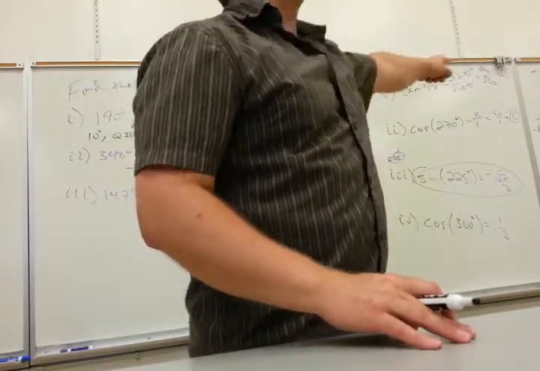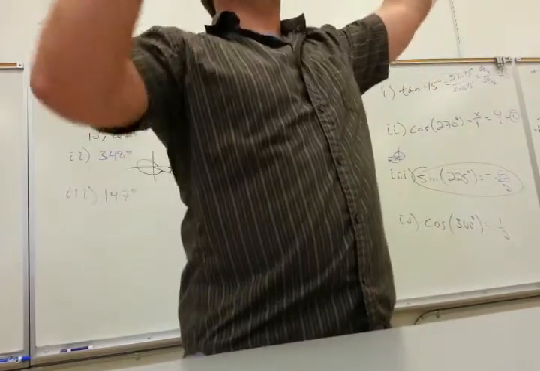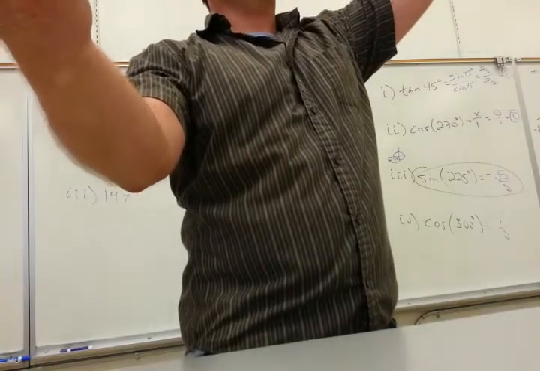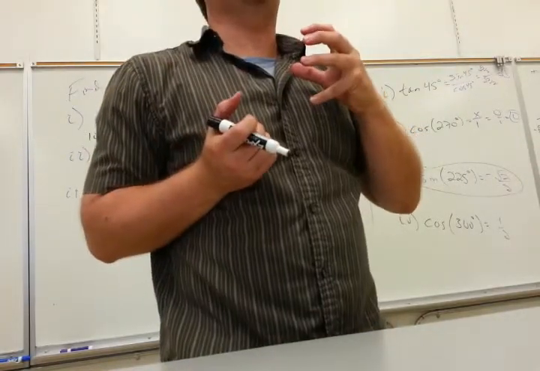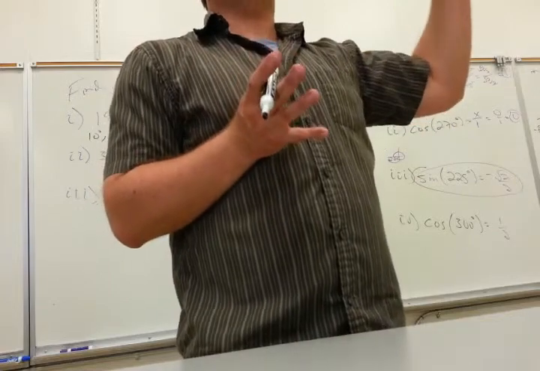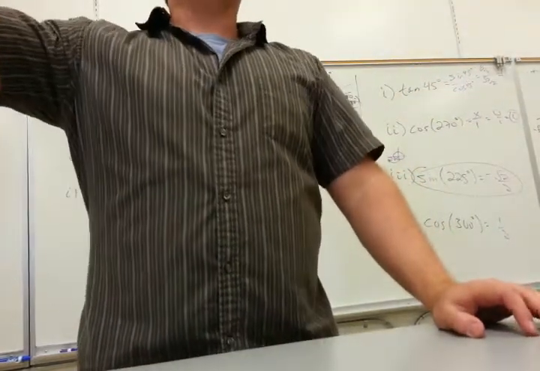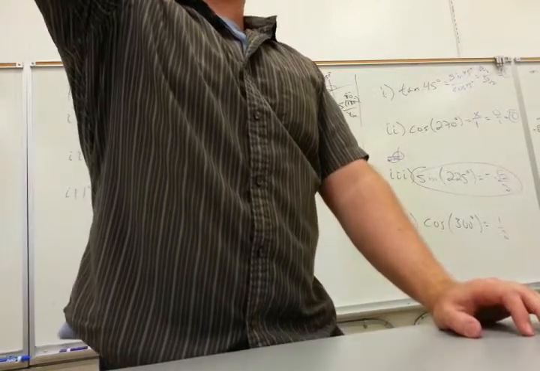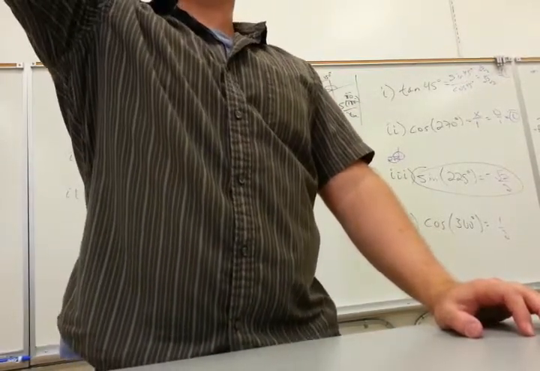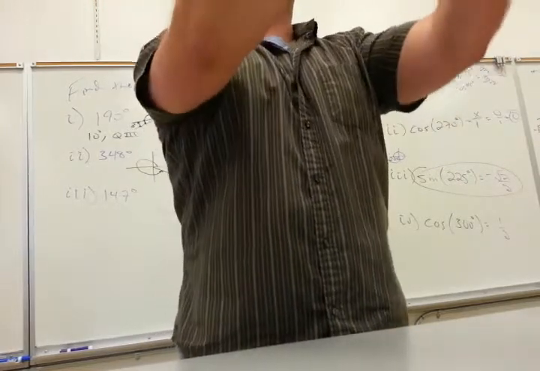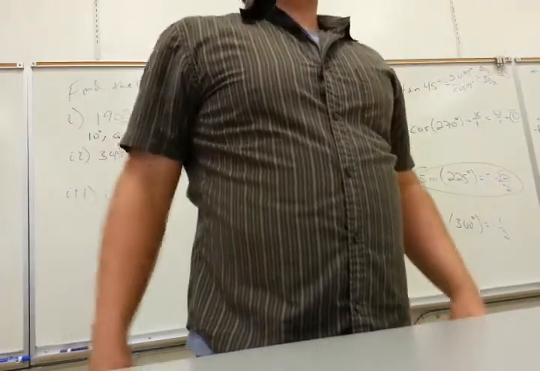But if I had a non-unit circle, it'd be the ratio of that side divided by the hypotenuse. It just reduces it back down to its unit circle reference. So at the heart of everything we're doing, these trig functions reference back to how long these sides would be in a unit circle. How long would the y side be? That's the sine. How long would the x side be? That's the cosine. And then the tangent is just a ratio of those two sides to each other.